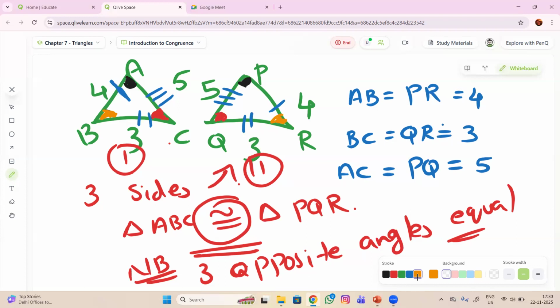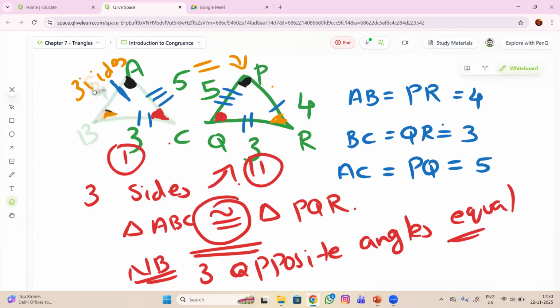So it is clear that by the SSS rule, if the three sides of a triangle are equal to the three sides of another triangle, then their corresponding angles are always equal. This is the main important thing in the congruence of triangles. Is it clear?